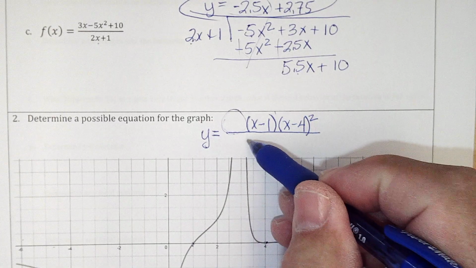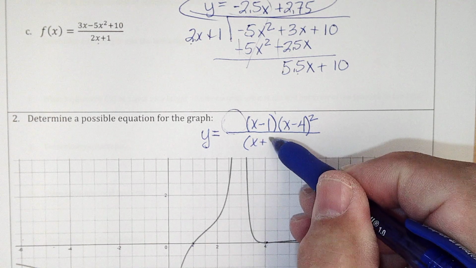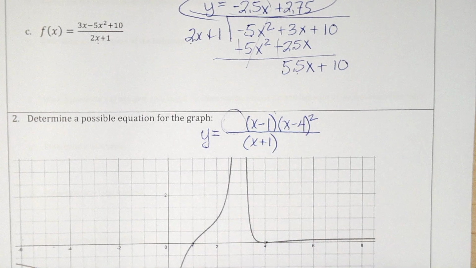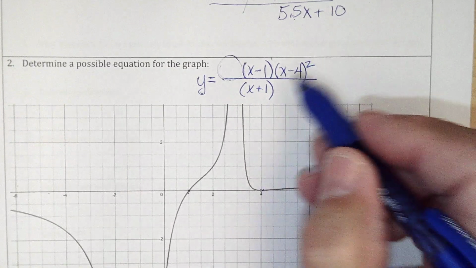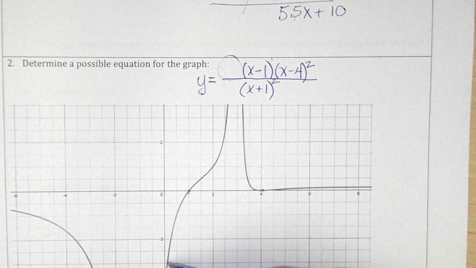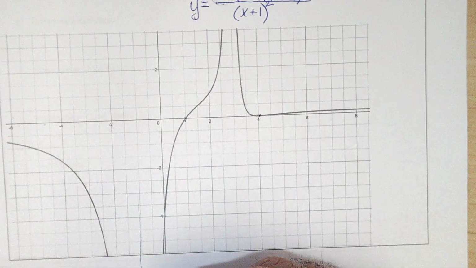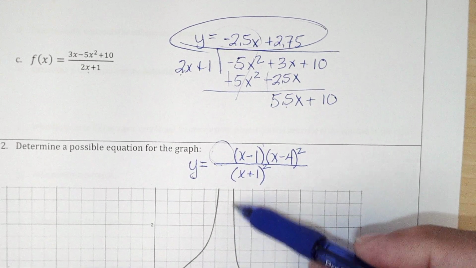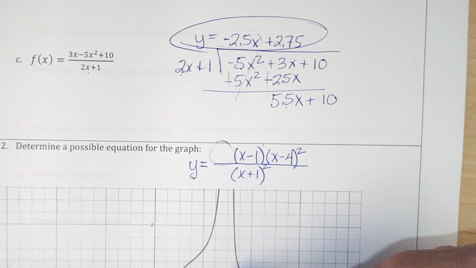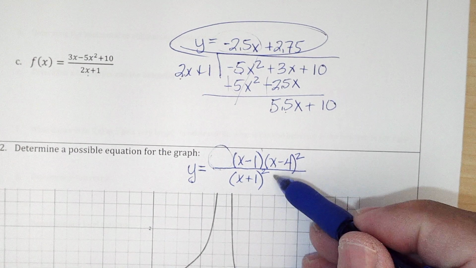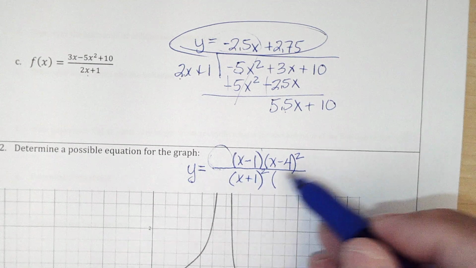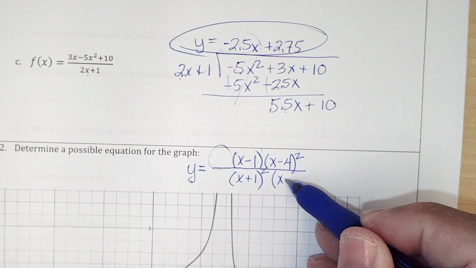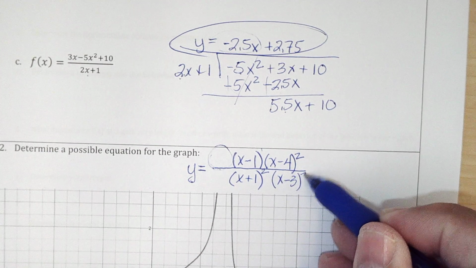So I'm going to say a factor is x plus 1. And it's got to be squared because they're going in the same direction. And this one looks like it's favoring, this is steeper than this side, so it's probably favoring 3. And they're both going the same direction, so I'm going to guess it's x minus 3 squared.